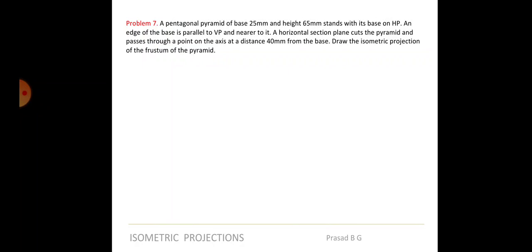You will have to understand what exactly it means. The base is given, but the top face is not given actually. That means it is not possible for you to directly draw it. So you have to do the orthographic view first. Based on the orthographic view, whatever dimensions they have given, from there only you can take the values.